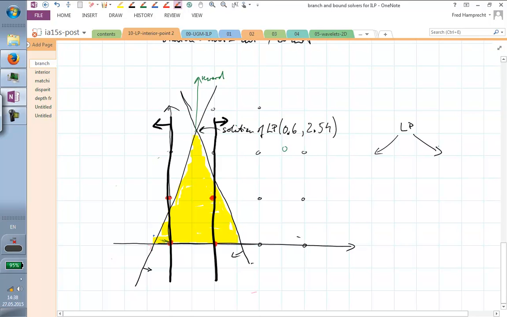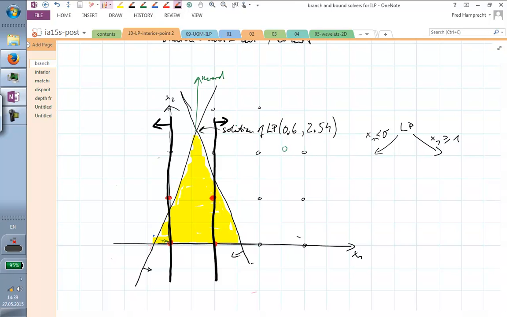One linear program imposes, in addition, the constraint that x1 must be no less than 1, and the other one imposes that x1 must be no more than 0.